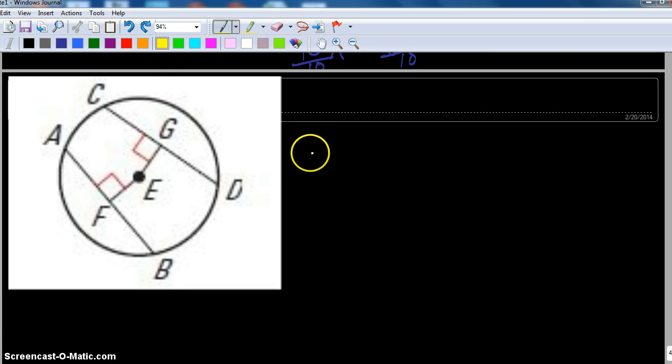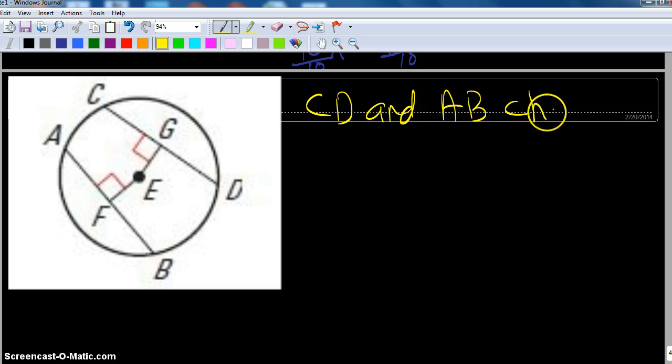Alright, and the last property, guys, is this. And this looks very similar to the first one. So we have 2 chords. We have C and D, and A and B are chords.